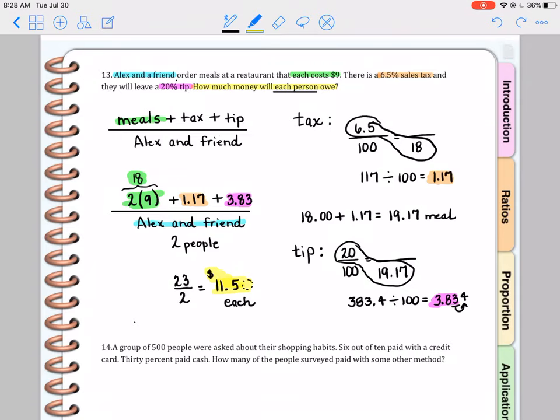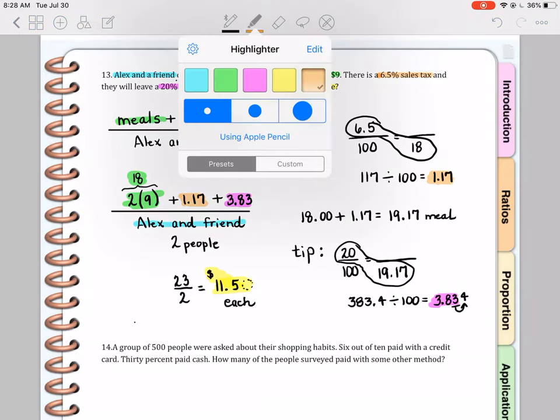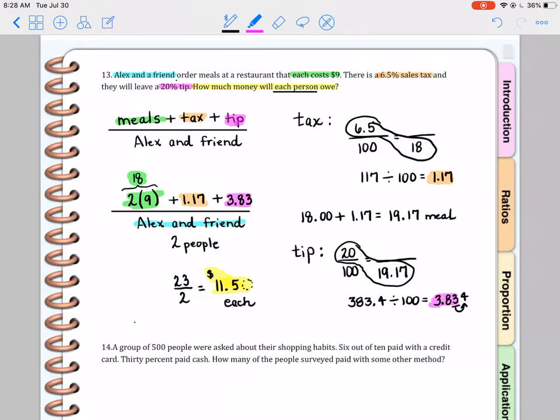But here is the story that guided me through the tax, the tip, and the 2 friends. Okay, that's where this 2 is coming from. So you can see how all of those pieces had to fit together for me to get the answer that I need. Good problem.